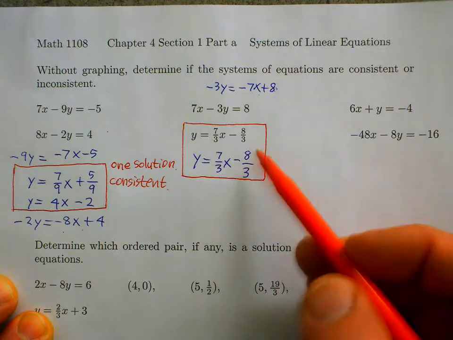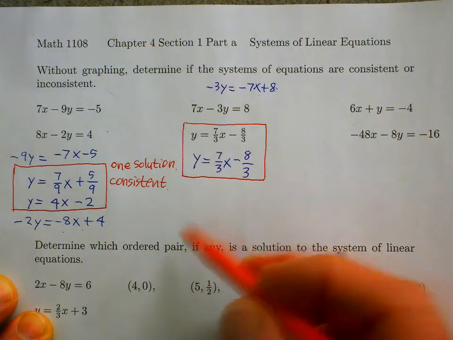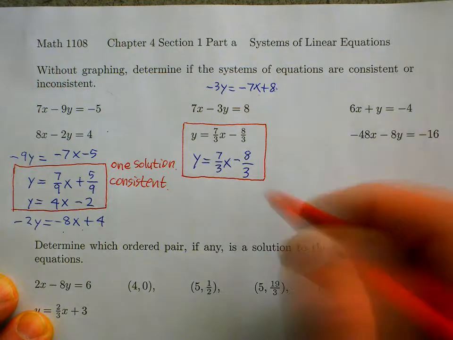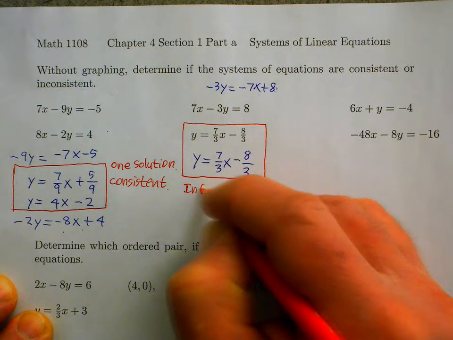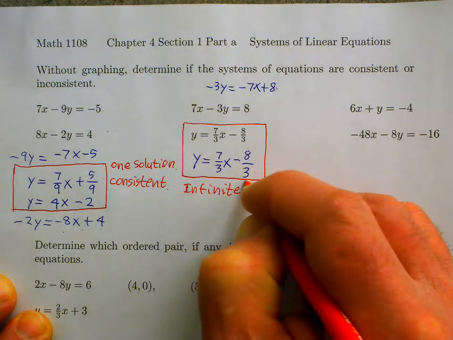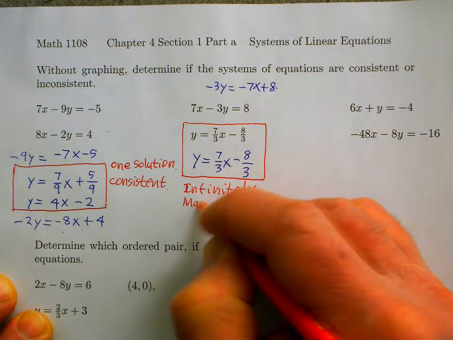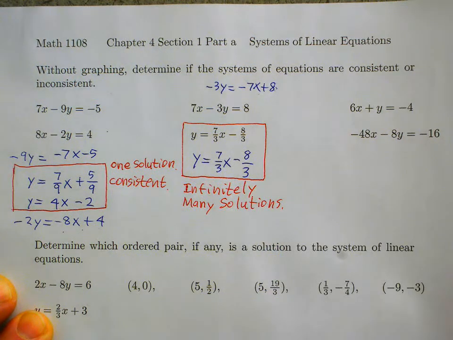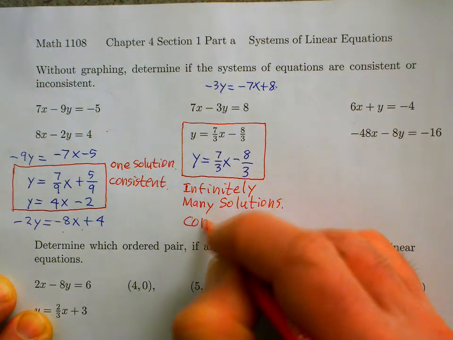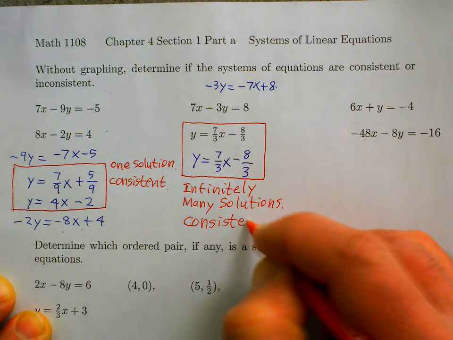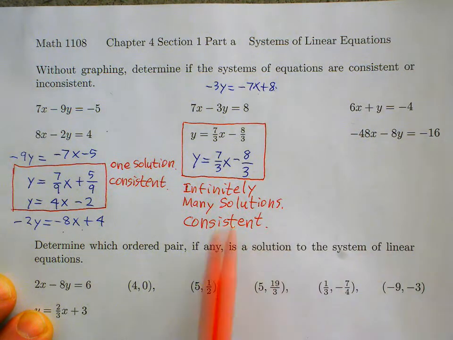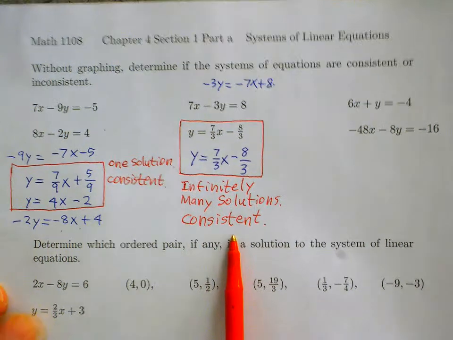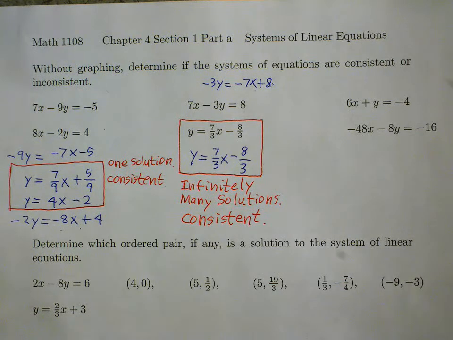When you graph them, one line is on top of the other, so they intersect at every point. And what kind of system is it? It's consistent. All it takes is one solution for a consistent system, so infinitely many solutions means that it's consistent. In other words, we don't get any false information from a consistent system.